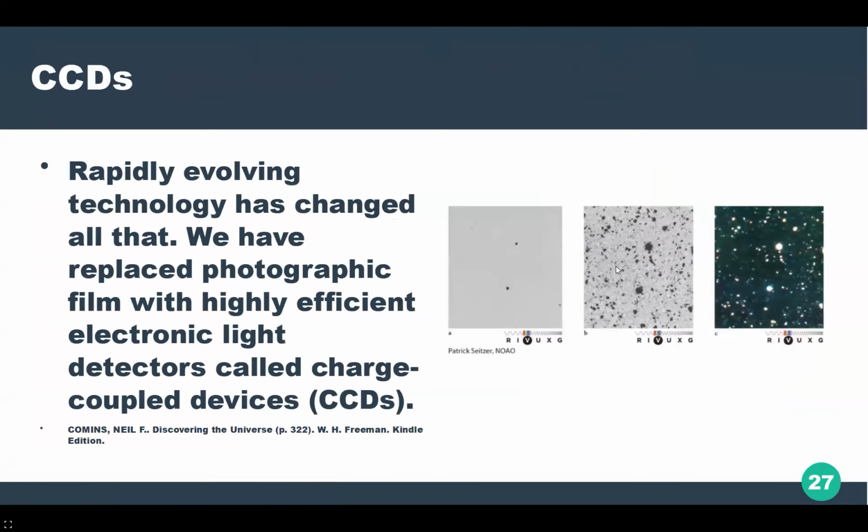When it comes to actually looking at the data and the pictures that come out of telescopes, we had for a long time just used film or our eyes, but rapidly evolving technology has changed that.